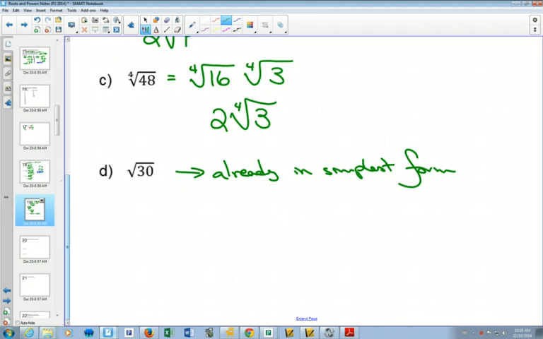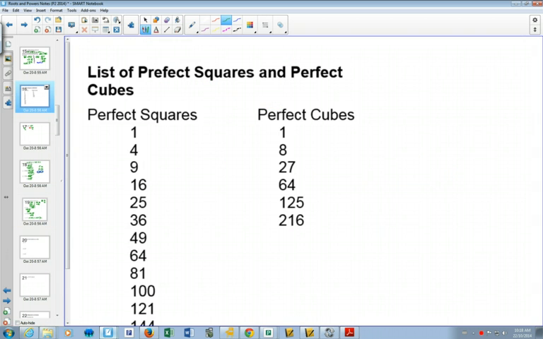So when you get a number like 30, instead of just thinking of all the things that multiply to 30, 1 and 30, 2 and 15, 3 and 10, 5 and 6, and checking if any of those are perfect squares, it's a better strategy to go to your list of perfect squares. And since I'm dealing with 30, if it's going to work, it would have to be one less than 30, right?